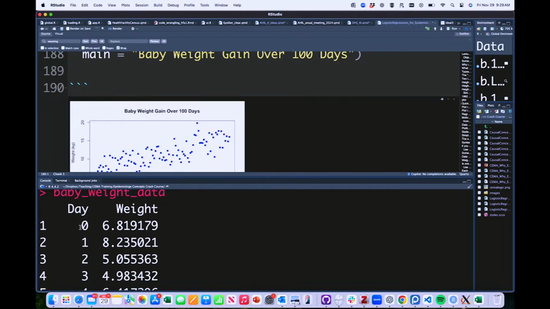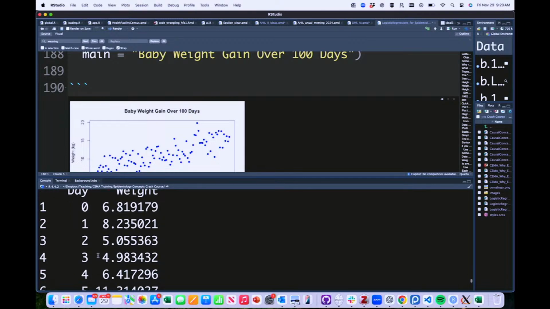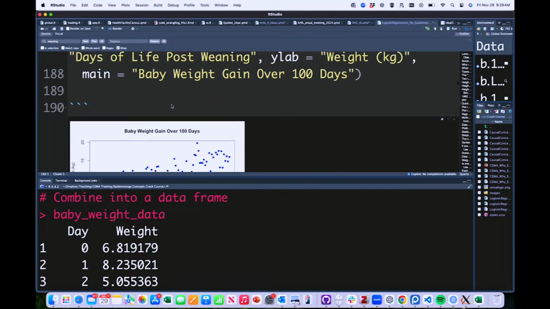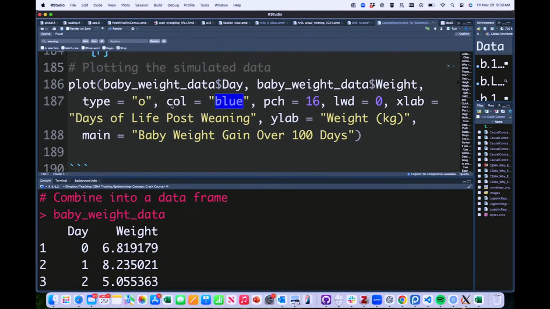Now, on day 0, the weight here is 6.8. On day 1, 8.3, like that for different children.